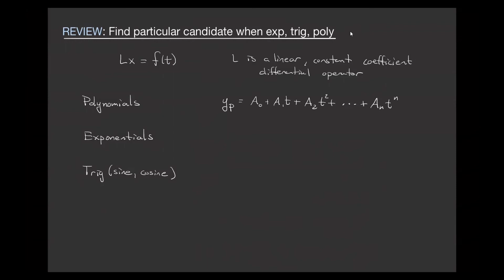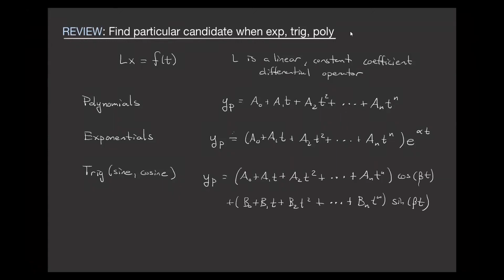Same thing with exponentials, where you would have the same polynomial in general, and you simply multiply by some e to the alpha t. And then with trig, namely sine and cosine, we would have two different polynomials where each one is multiplied by sine or cosine, and they should be different.